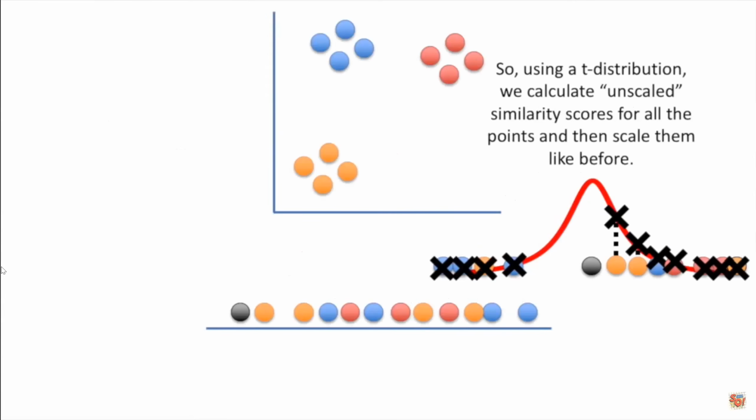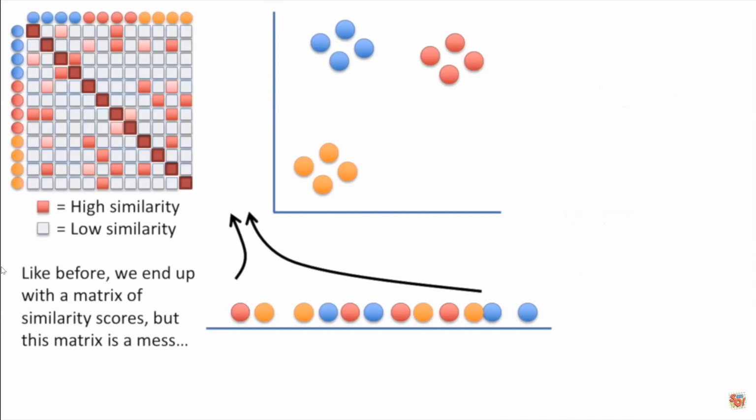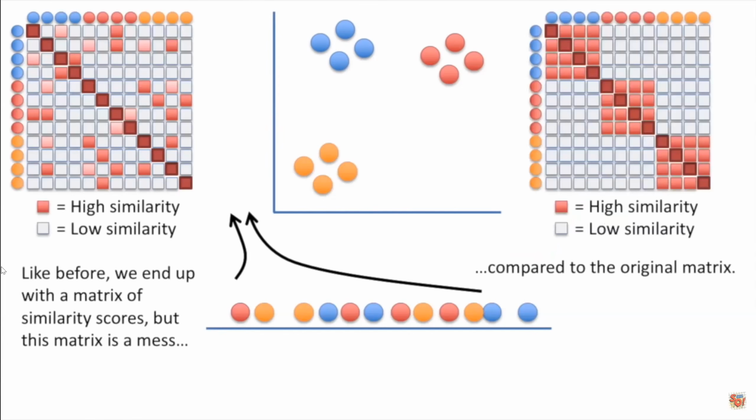So, using a t-distribution, we calculate unscaled similarity scores for all the points and then scale them like before. Like before, we end up with a matrix of similarity scores, but this matrix is a mess compared to the original matrix.